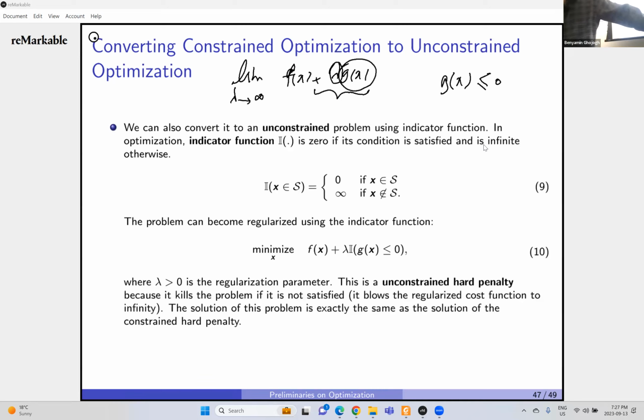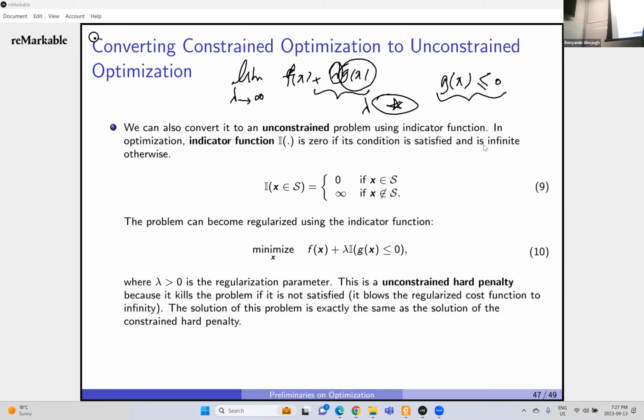Rather than lambda g of x, I say lambda times something, and that thing becomes very big when g of x is not less than or equal to 0, when the constraint is not satisfied. Now let's exaggerate. Let's make this thing infinite when g of x is not less than or equal to 0.